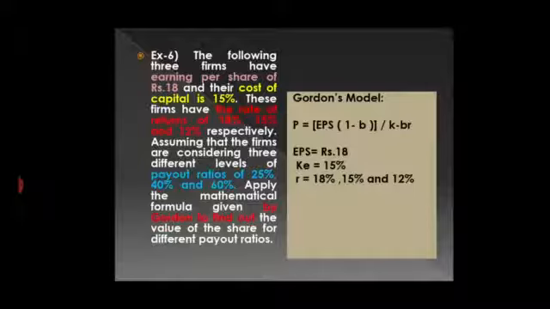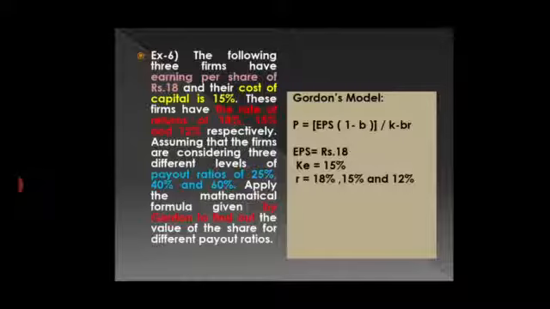So here we have to take R value at 3 levels: first 18%, then 15% and 12%. So we need to calculate P value, once taking 18, then 15 and then 12%. Now different levels of payout ratio are also given: 25%, 40% and 60%. Apply the Gordon model and find out the P value.